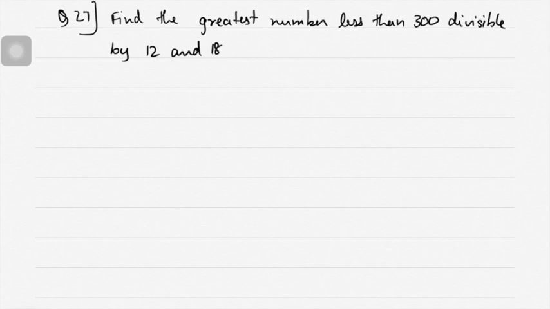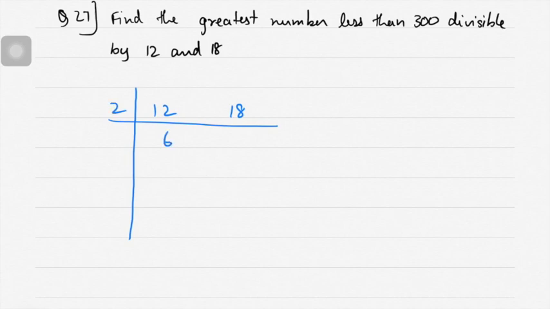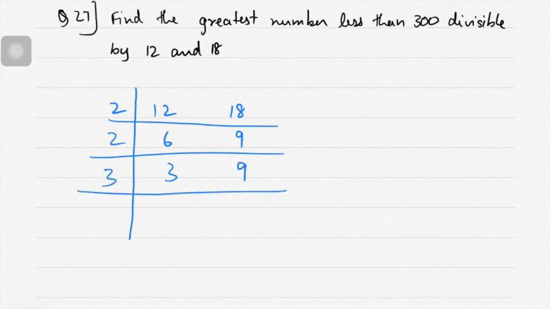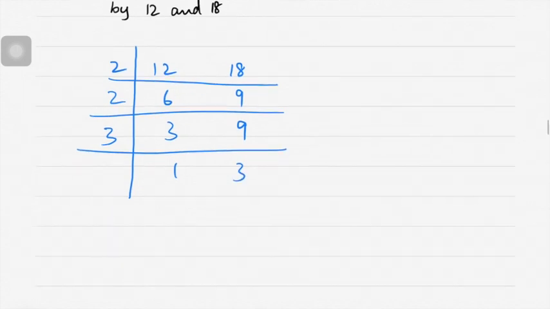Okay. You know the LCM is the least number which is divisible by 12 and 18. Right. So first let us calculate the LCM. 12 and 18. Okay. So 2 6s are 12, 2 9s are 18, 2 3s are 6, 9 I'll write as it is.